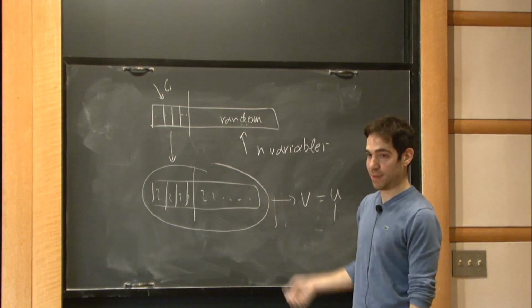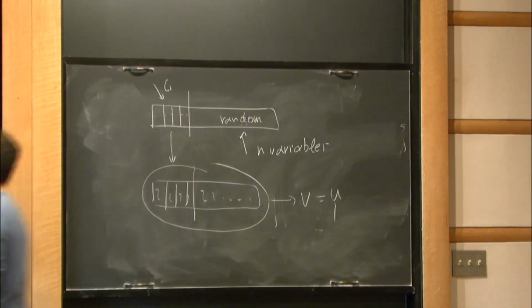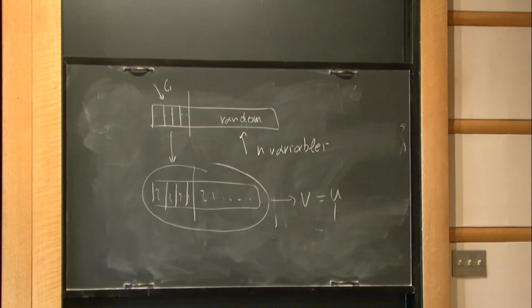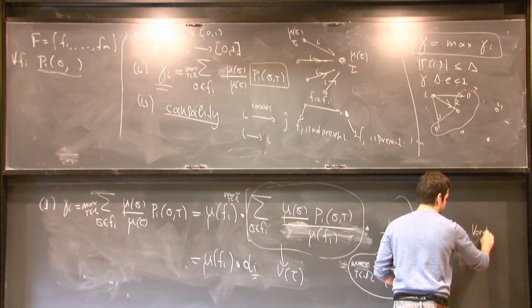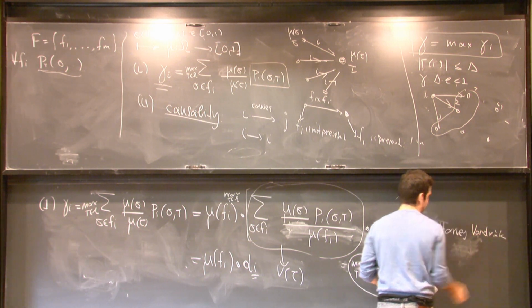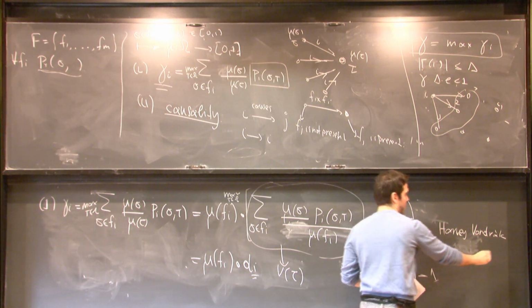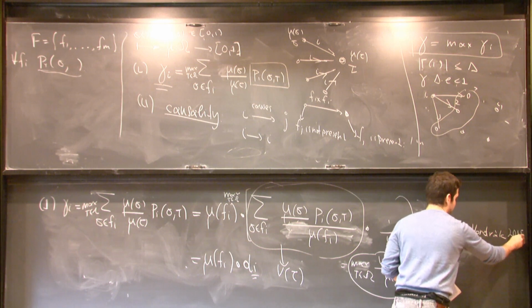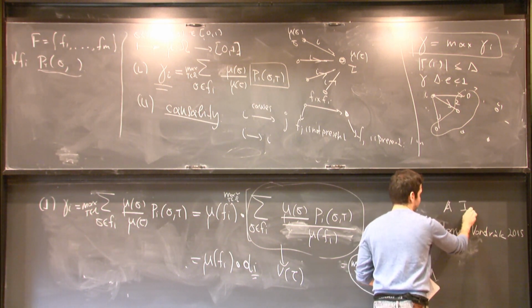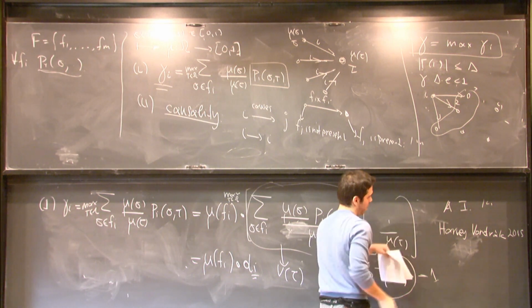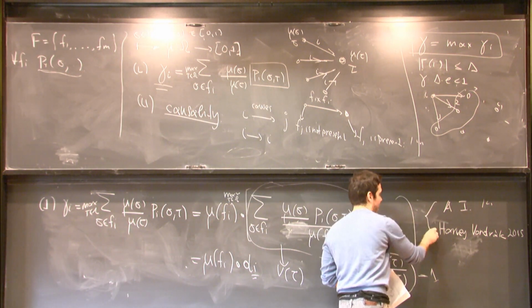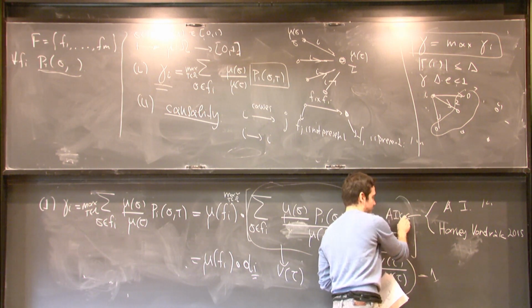So this is an example. This was in 2015, and there was this paper by Dimitris and me in 14. And what this paper does is combine them in a way.